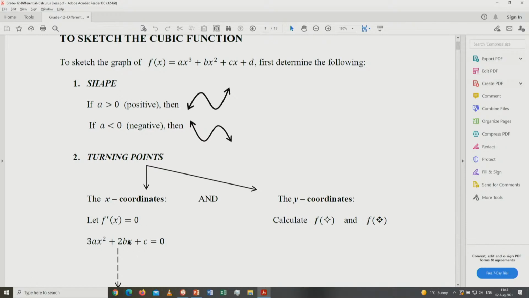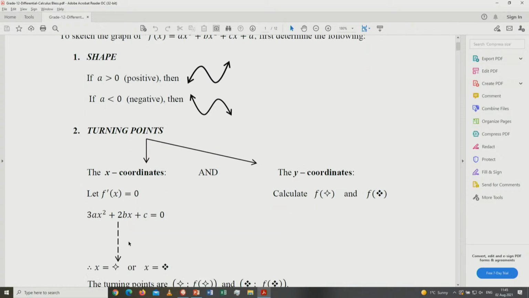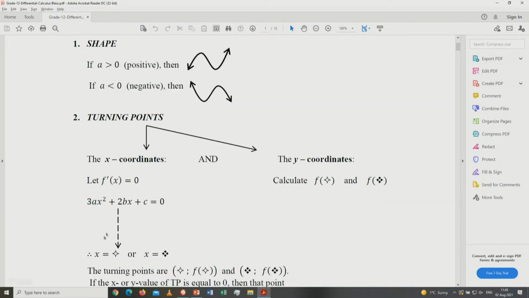Suppose this is our given function. You will factorize this, or make use of the quadratic formula to determine the values of x, and thereafter you substitute the values of x into the original equation to determine the corresponding y values.